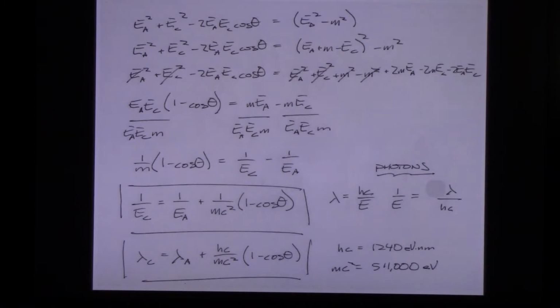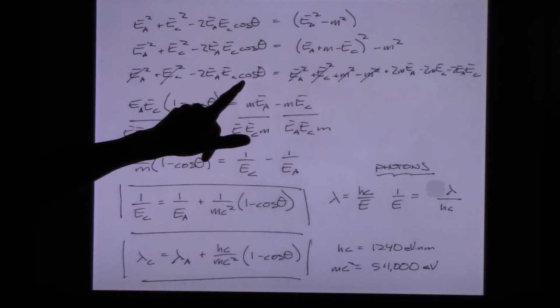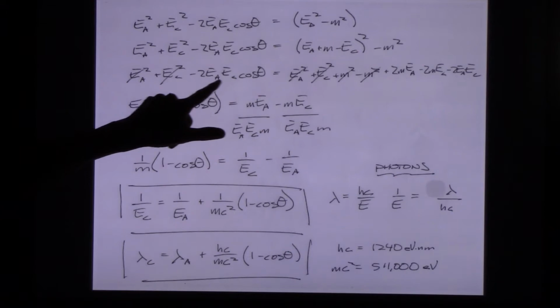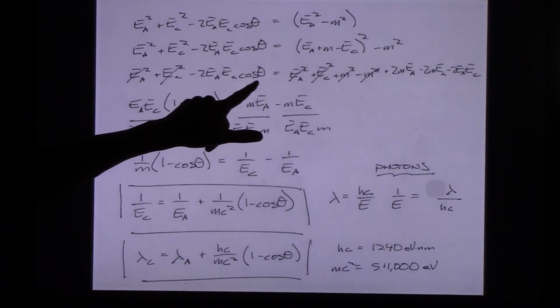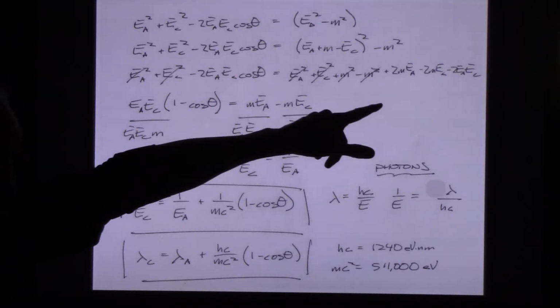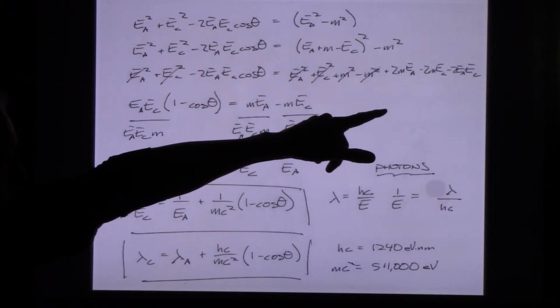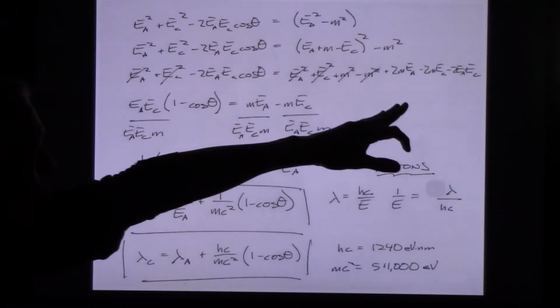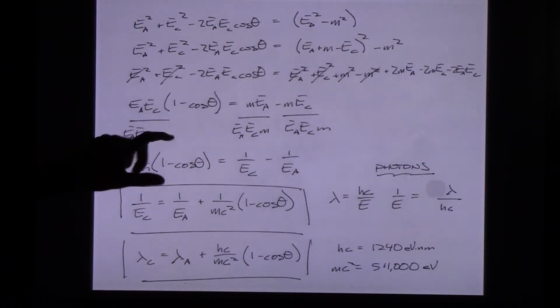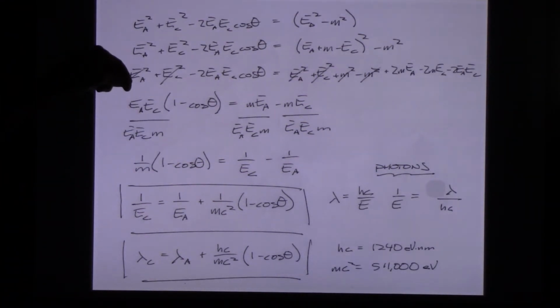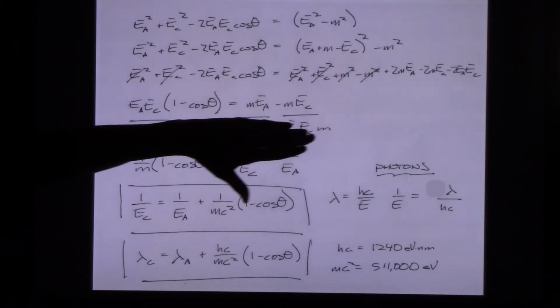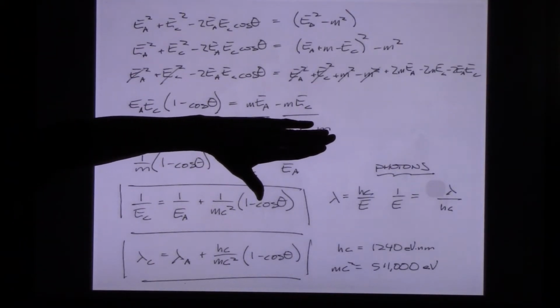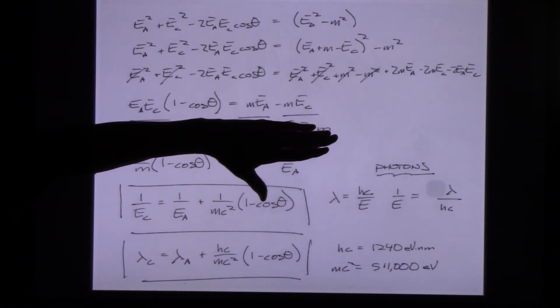We'll see. The stuff that's left is one EAEC term right there, another EAEC term on the other side, and then there are these mass terms. Now, you can bring the EAEC terms to the same side. So I now have EAEC, 1 minus cosine theta, equals MEA minus MEC.